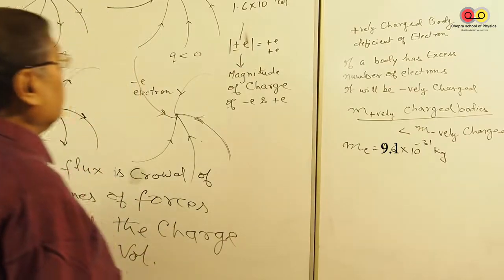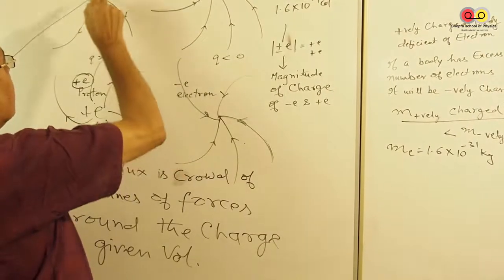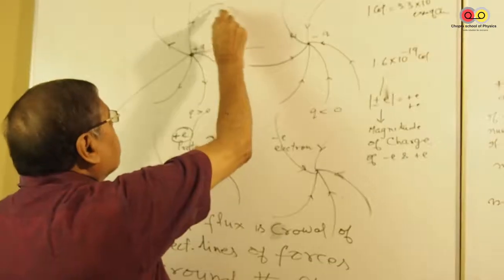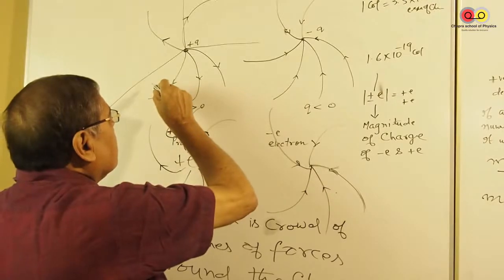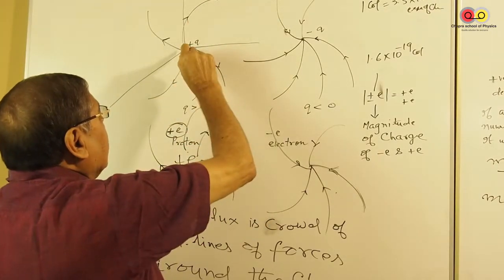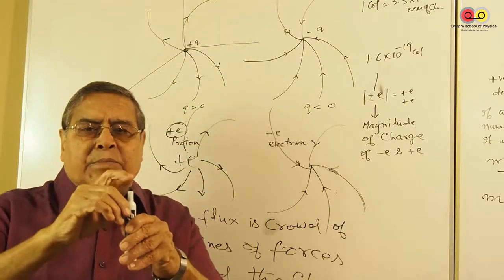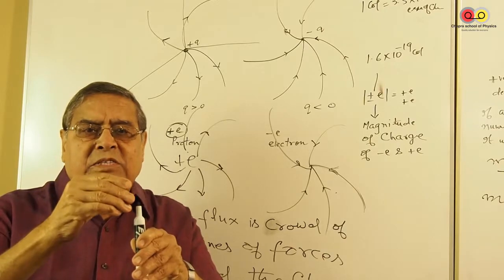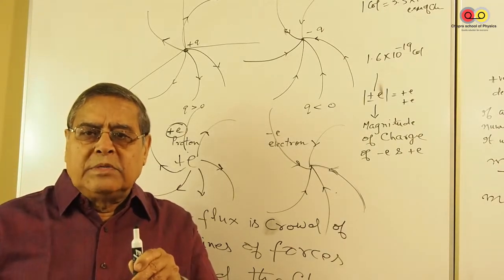Now another important point is that lines of forces are given. For a particular charge, the lines of forces are spread in a given volume. In a given volume, there are lines of forces, they are extending to a certain limit. Not that a charge is kept here and its effect is felt about 40 kilometers away. That's not possible.